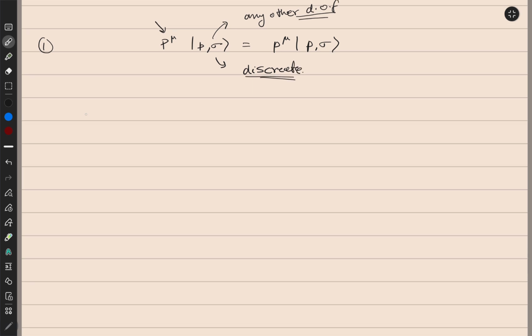We found that if we apply a Lorentz transformation lambda, and the unitary version of that in the Hilbert space, U of lambda, on this, then it stands to reason that the state we get will have the momentum lambda p, but the other degrees of freedom might jumble up.